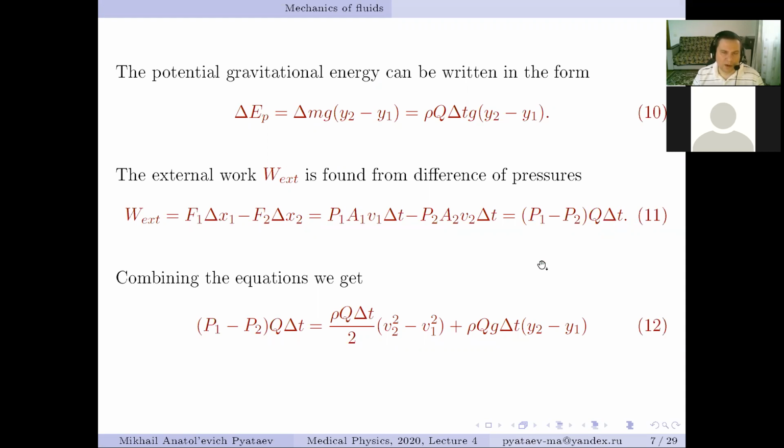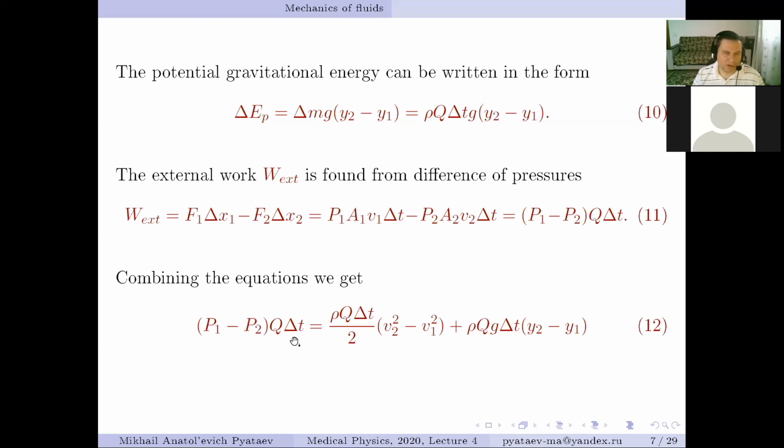If we now combine all the equations, here we have work done by external force, here is the change of kinetic energy, and this one is change of potential energy. We have equation 12. In this equation, we can see that we always have the same Q delta t.